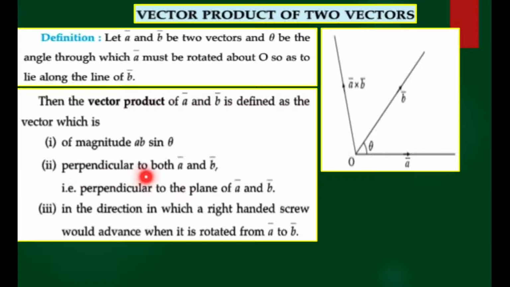Second, perpendicular to both vector A and vector B, that is, perpendicular to the plane of vector A and vector B. And third, in the direction in which a right-handed screw would advance when it is rotated from vector A to vector B. This is a right-handed screw system.